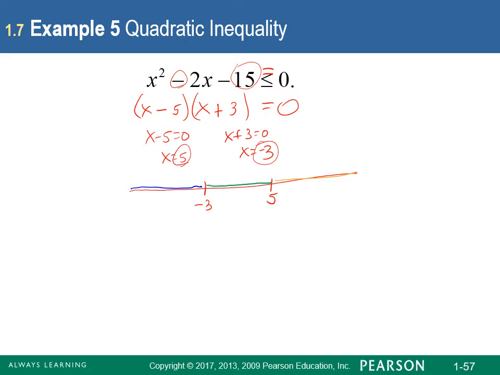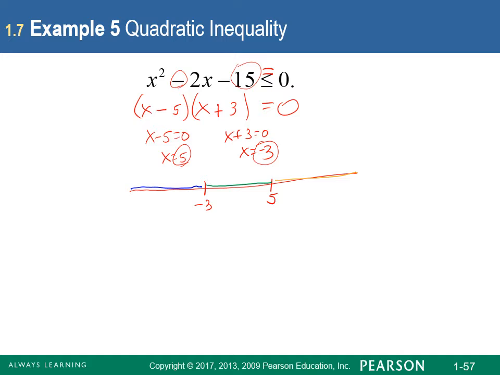Now we need to know which pieces get shaded, which ones fit the inequality. So the rest of the problem is a matter of just choosing a number and seeing if that number works.